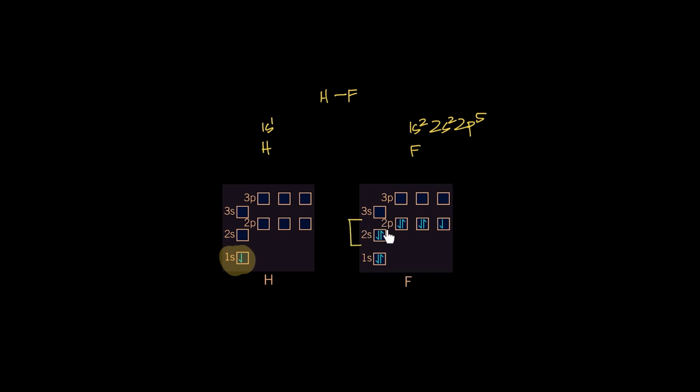Now when I look at 2s and 2p, which of these has an orbital that has only one electron? That's the only one right there. Now they might have been drawn in the same spin, but once they overlap, they have opposite spins. And it's basically this 1s orbital with this 2p orbital.